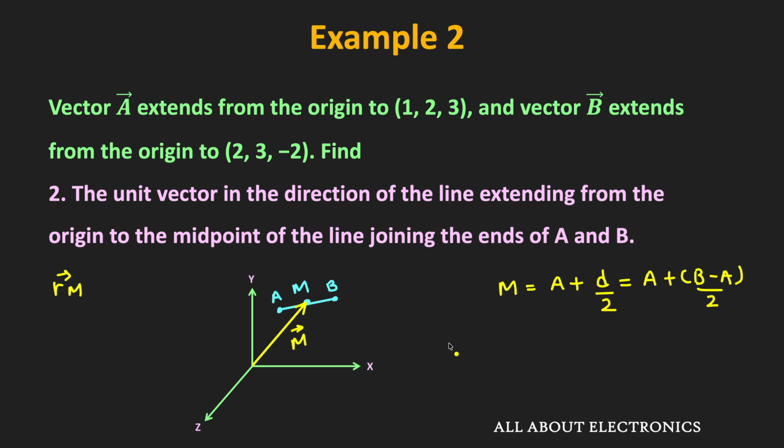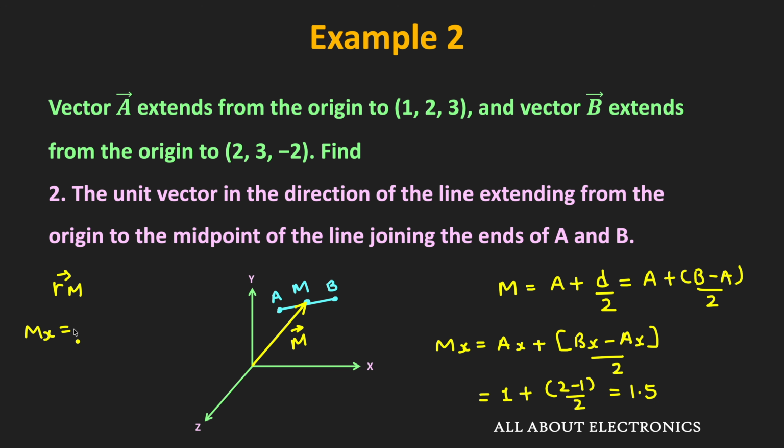Based on this, if we see the x component of this point M, then it is equal to ax plus (bx minus ax) divided by 2. That is equal to 1 plus (2 minus 1) divided by 2, and that is equal to 1.5. That means mx is equal to 1.5.